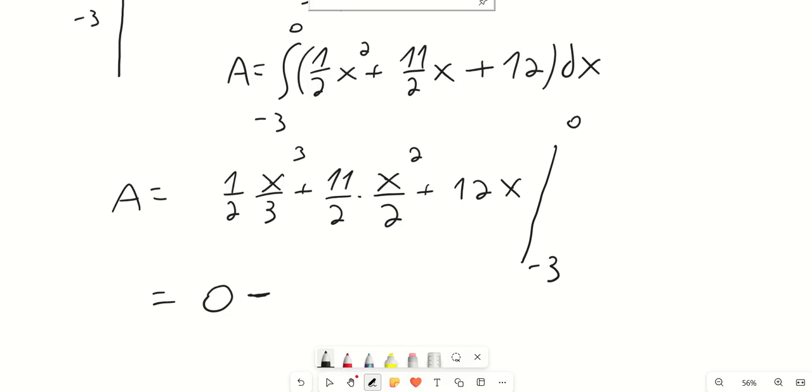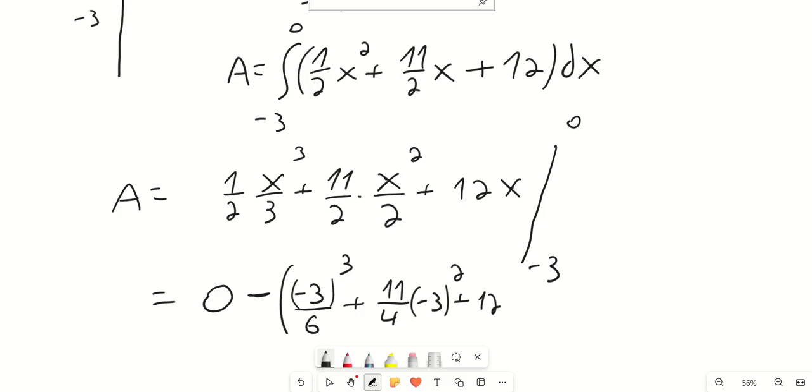So I have (-3) to the power of 3 divided by 6 plus 11 over 4 times (-3) to the power of 2 plus 12 times -3.